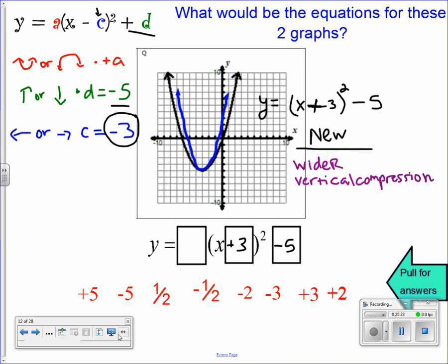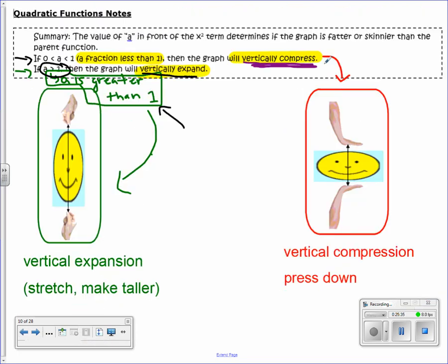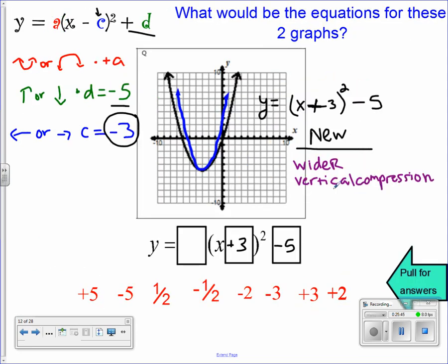If we look back at the top under vertical compression, that tells us that our a value is going to be a fraction.